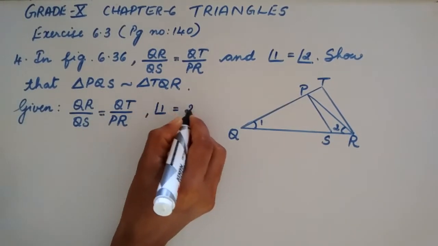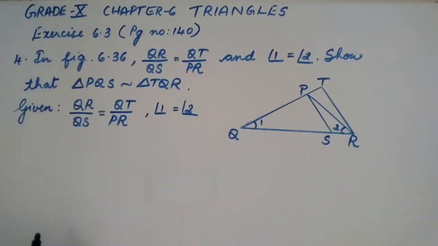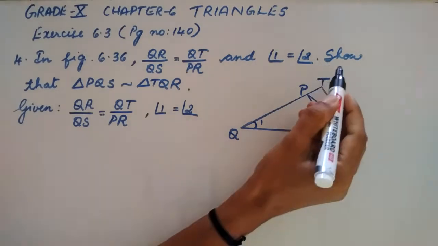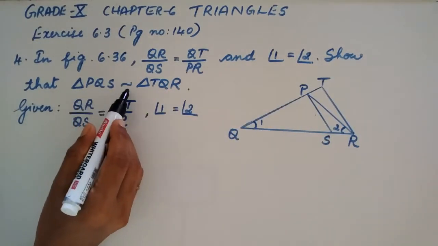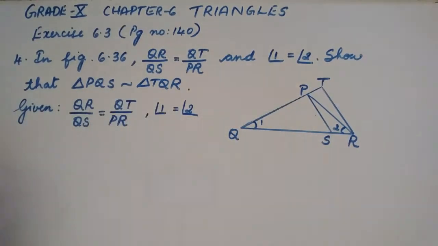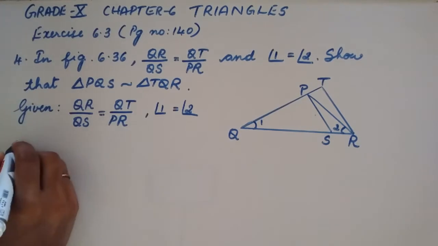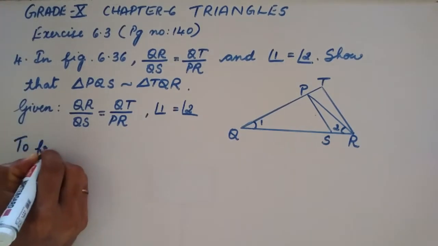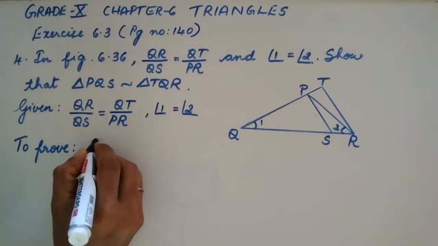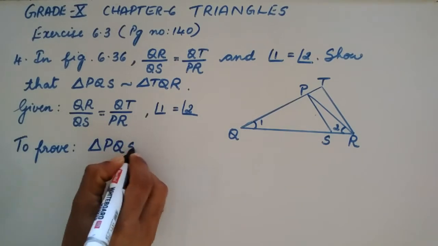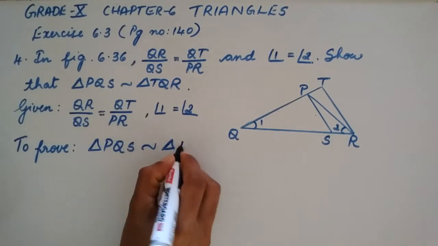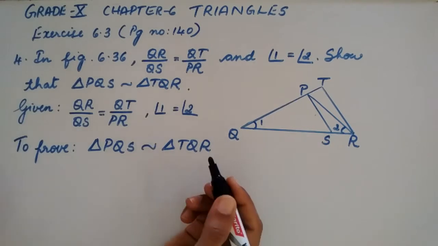Show that triangle PQS is similar to triangle TQR. This is what we have to prove. That is, triangle PQS is similar to triangle TQR.